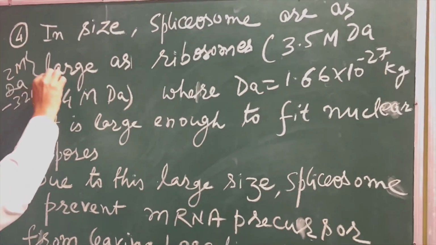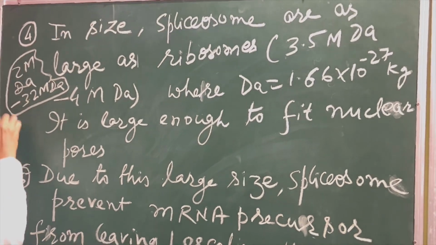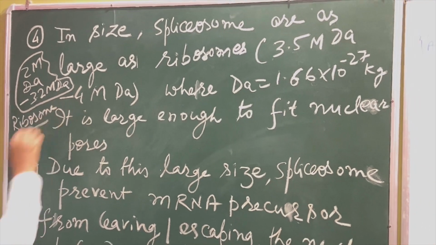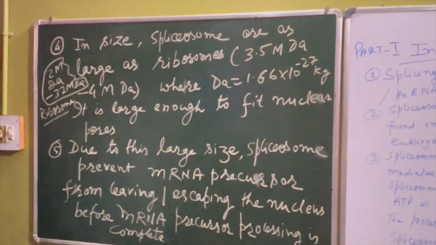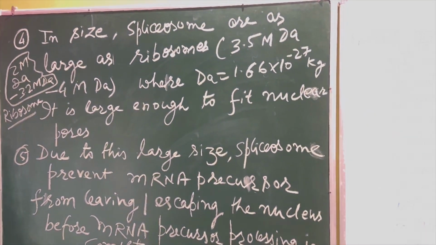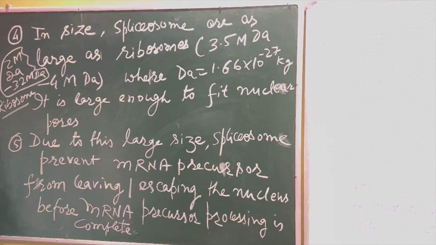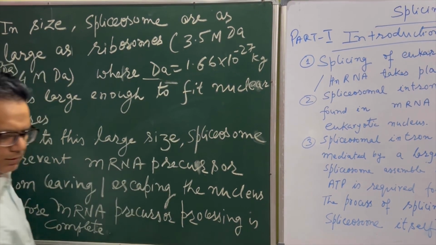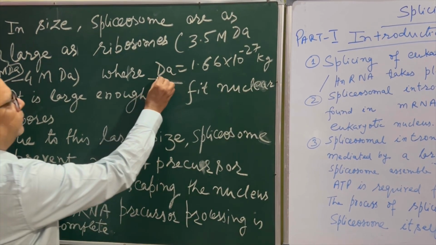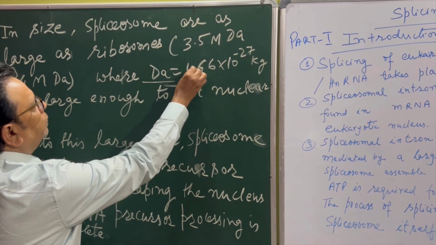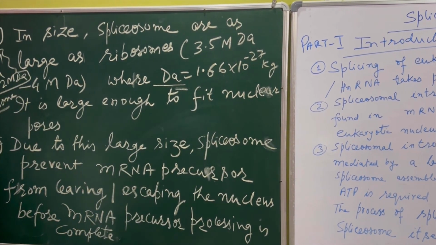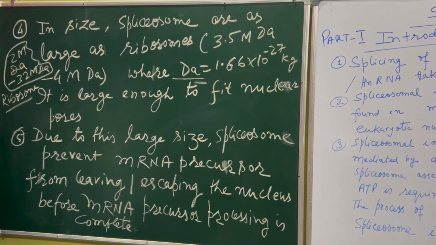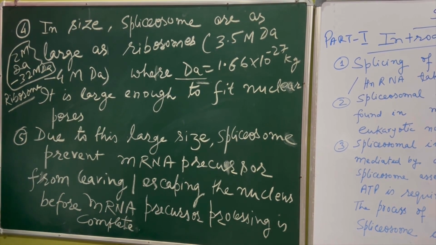So the sizes of both spliceosome and ribosomes are comparable, and obviously Dalton is the unit for molecular weight, equal to 1.66 into 10 to the power minus 27 kg, and M is obviously mega, that is 10 to the power 6.